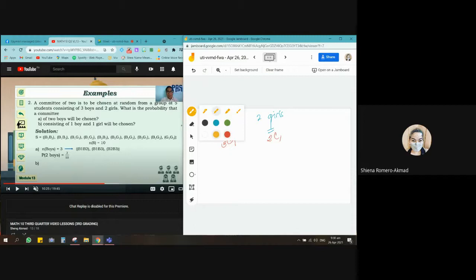Since they will happen at the same time, anong ginagawa natin sa kanila? We simply multiply them. Ano ba muna yung value ng 3 taken 1? 3 po. 3 times 2 taken 1? 2 po.